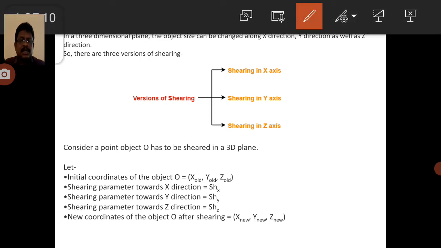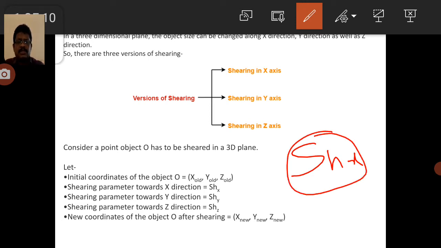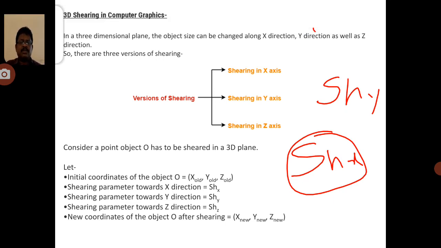This is the notation for SHX, where x indicates the x axis and SH is nothing but the shearing. The shearing parameter towards the y axis you can write with the suffix y, SHY. This is the notation we can observe: the shearing parameter in the x axis, the shearing parameter in the y axis, and the shearing parameter towards the z axis, that is SHZ.